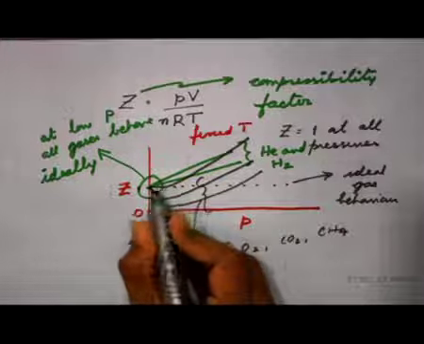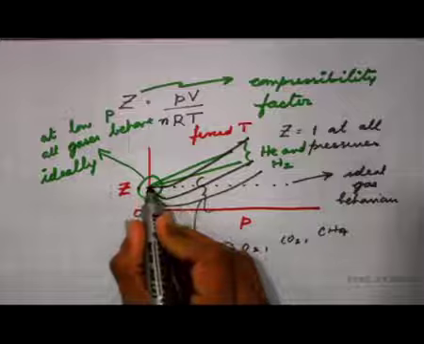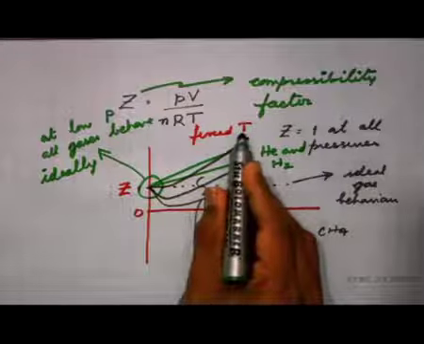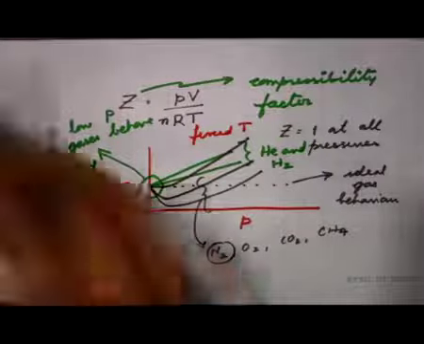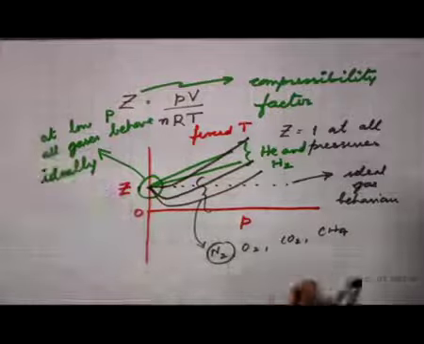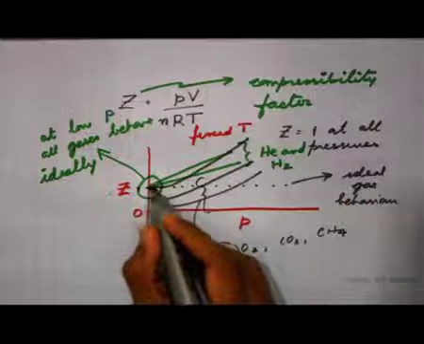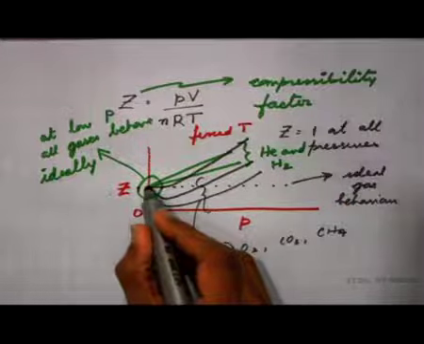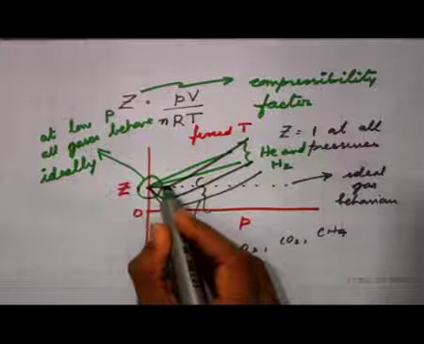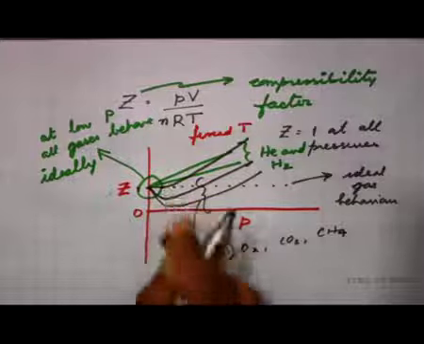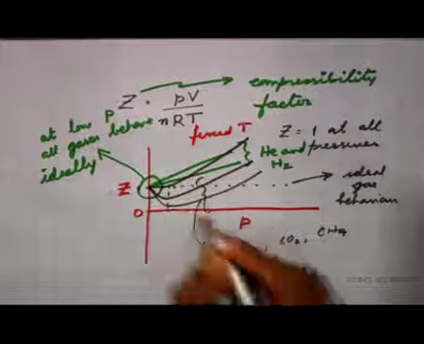Nitrogen, for example, you will find that at ambient temperatures, ambient means typically the temperatures around us, the Z for nitrogen is very close to 1 for reasonable variations in pressure up to this point.